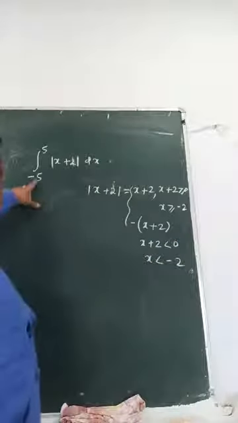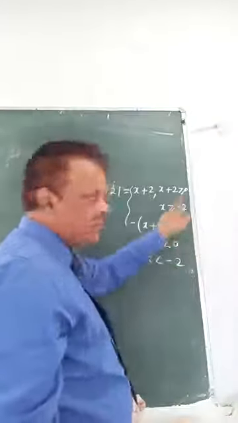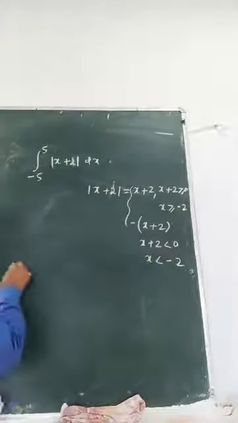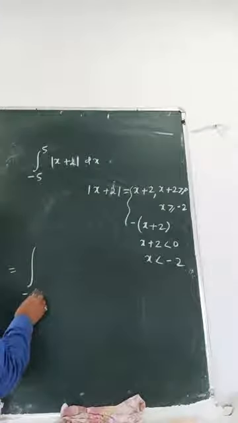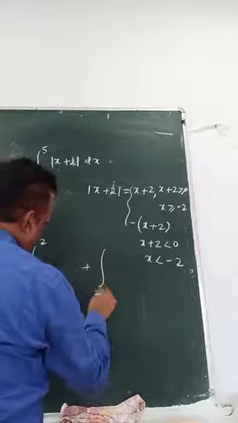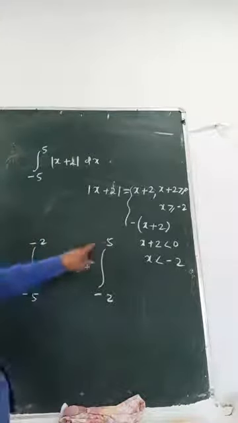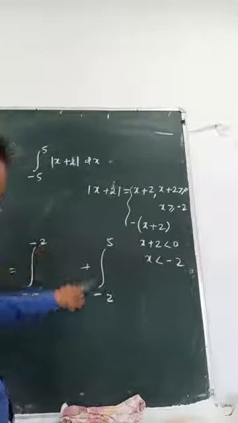That means between minus 5 and 5, you are getting a point minus 2. That means you are going to break it: minus 5 to minus 2, and minus 2 to 5.